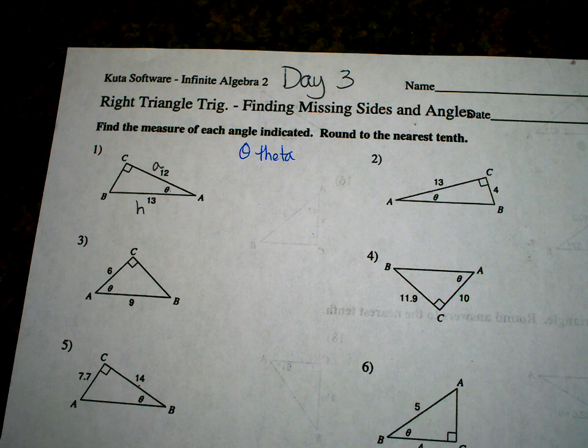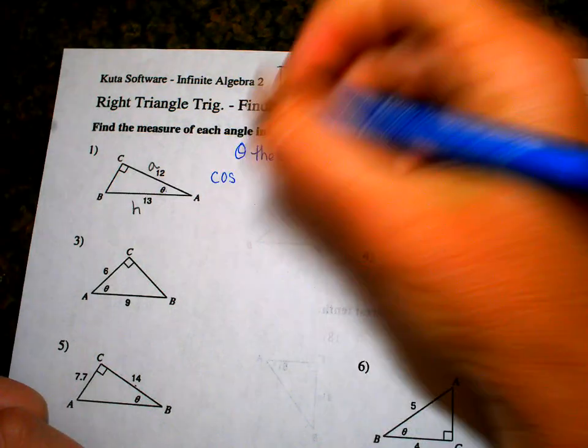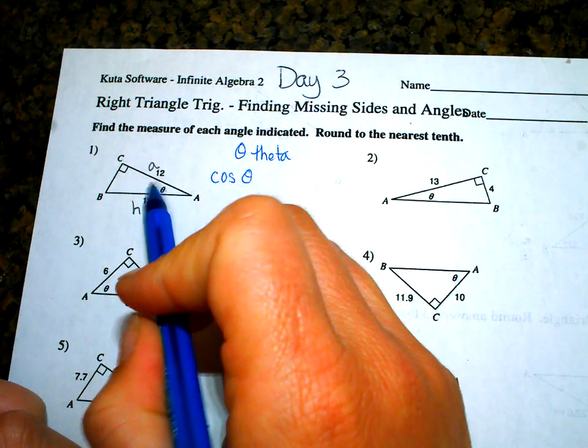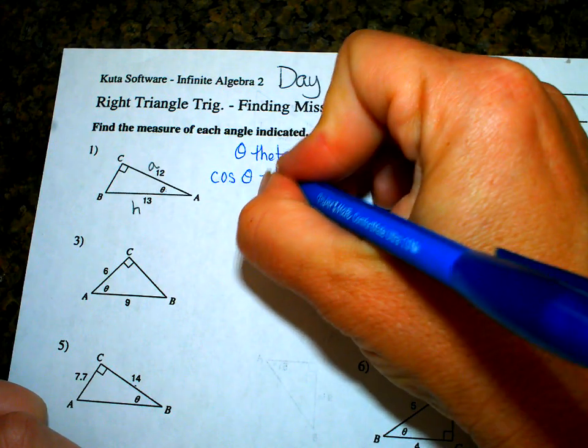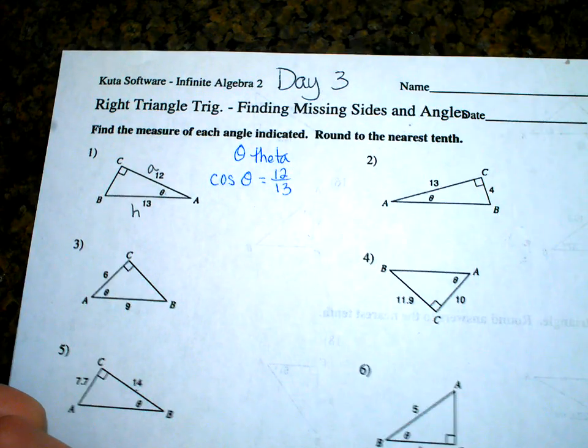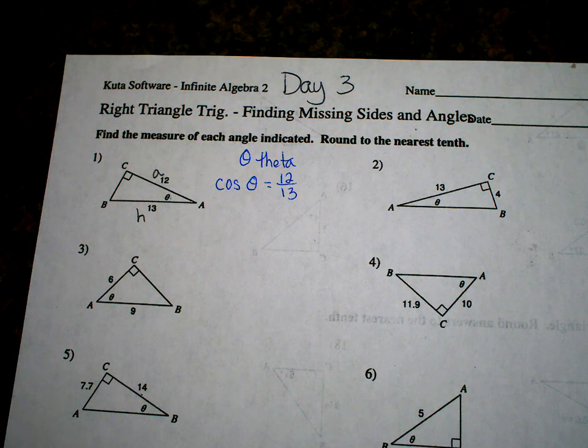Did you say cosine? Okay, so here's how this works. I'm going to do cosine of the angle, which I don't know how big it is, equals adjacent over hypotenuse, 12 over 13. Now I'm going to use my calculator.